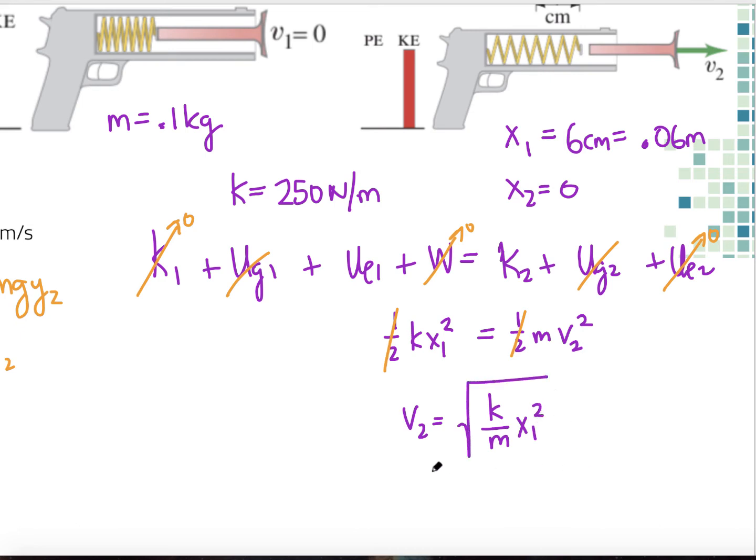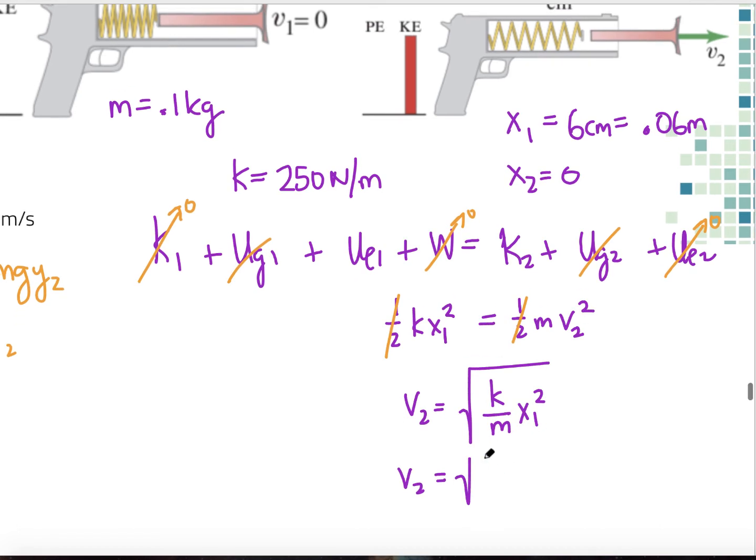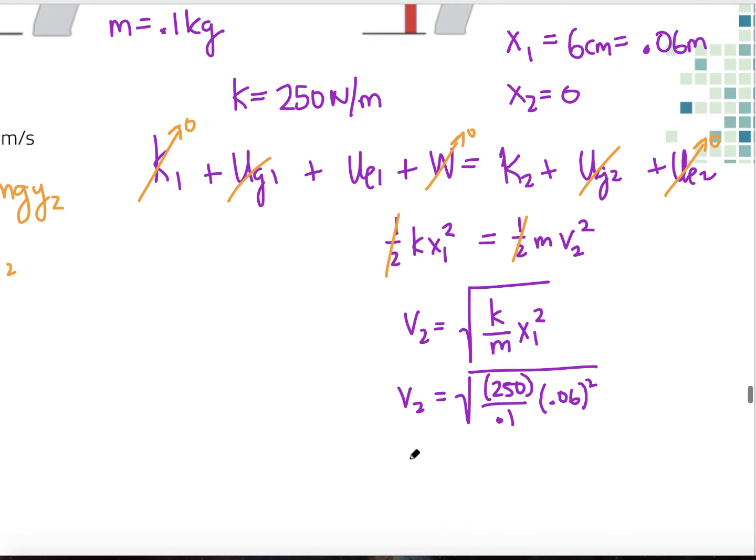Substituting, 250 divided by 0.1 times 0.06 squared. Be careful here, this is sometimes tricky to put in your calculator. When you do that, you get plus or minus 3 meters per second. But since we're asking for speed, we're just going to say 3 meters per second.